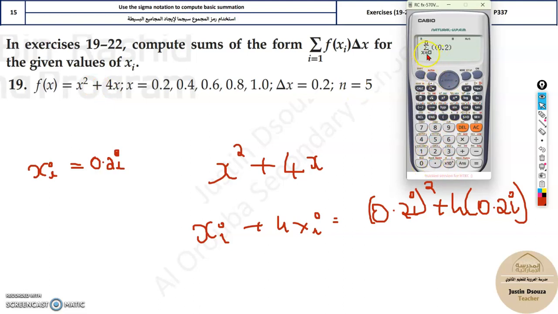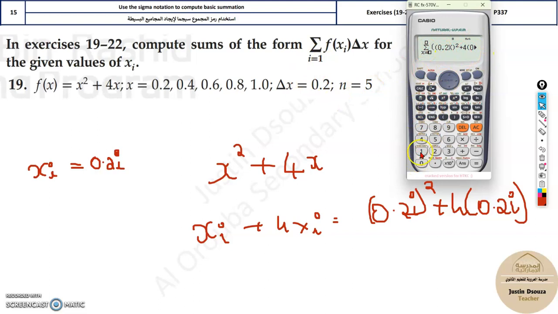The i is taken as x in your calculator, so write alpha and x. Close the bracket, square it. This is done. Plus 4, open the bracket again, 0.2 i as x, close the bracket. It will initially open and close a bracket by itself, so no need to close it again.